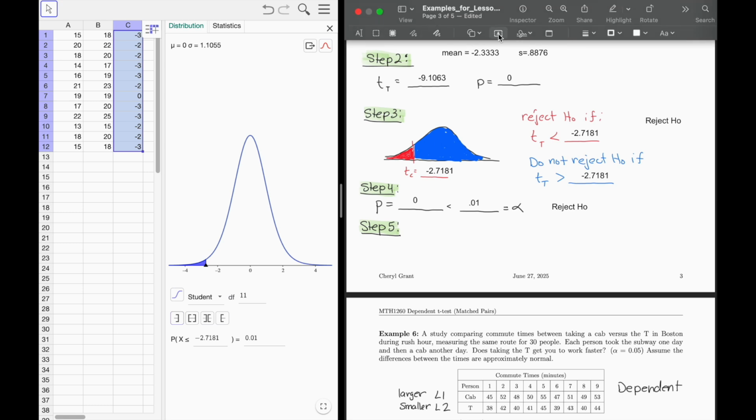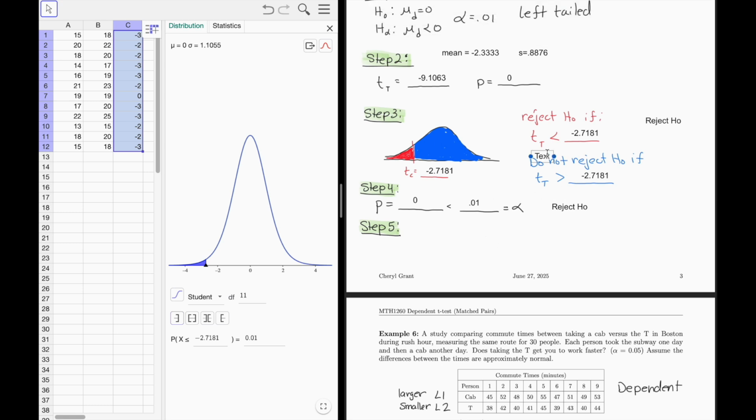Now for step 5, we're going to write our conclusion. So we're going to say, since we are rejecting H0, there is enough evidence to suggest that the alternative hypothesis is true.